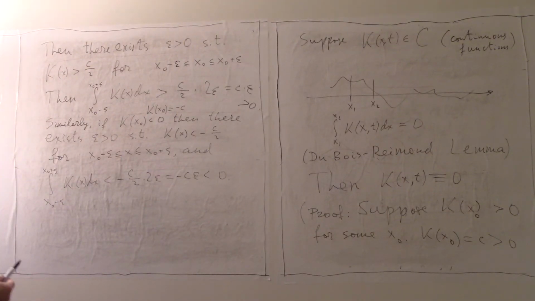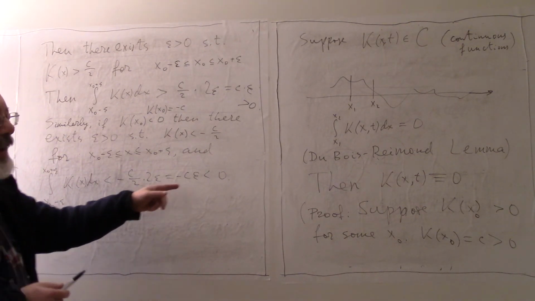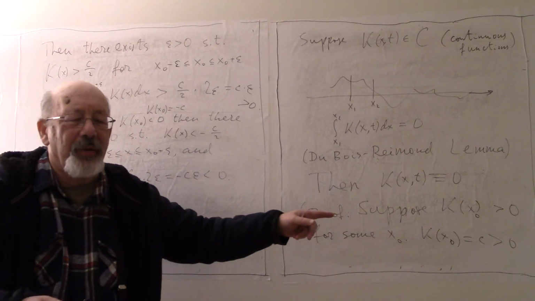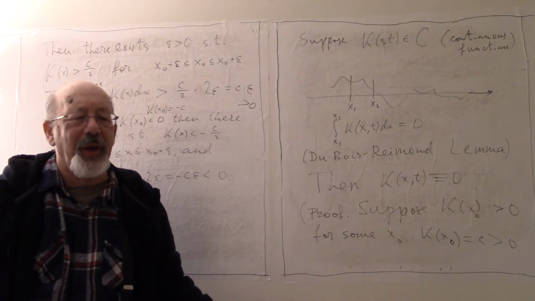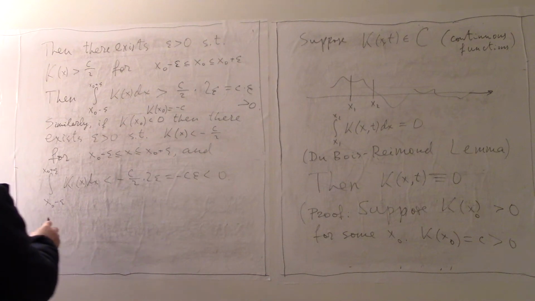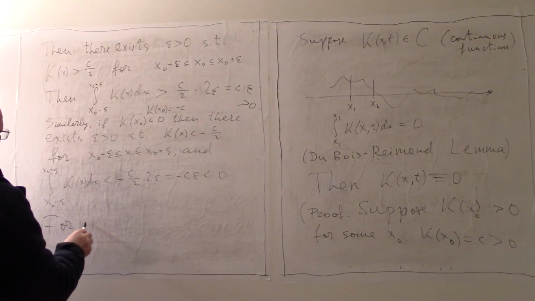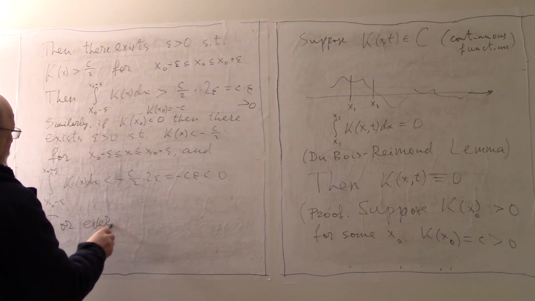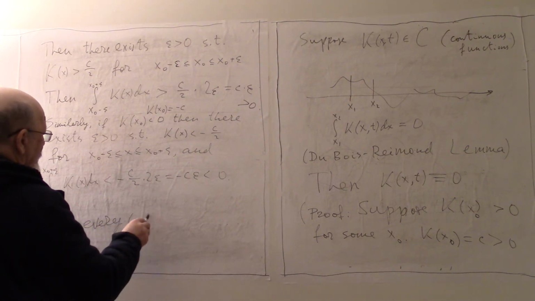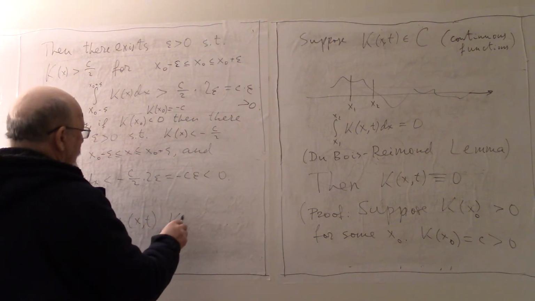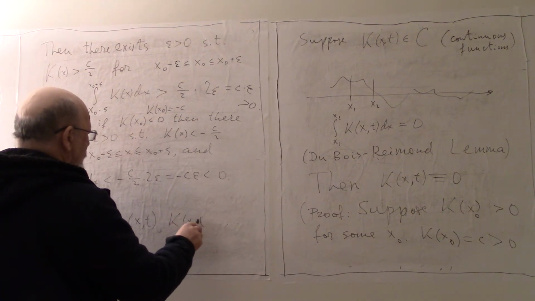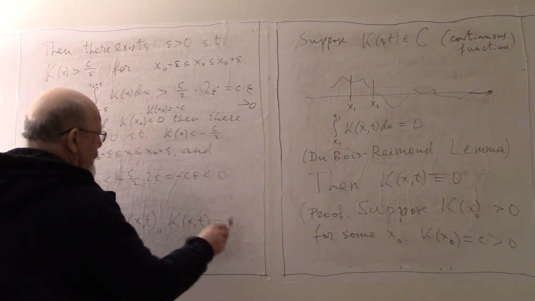Okay, so this means that this is true for every t, and so it is true for every x and t. So for every x and t, k of x,t equals 0.